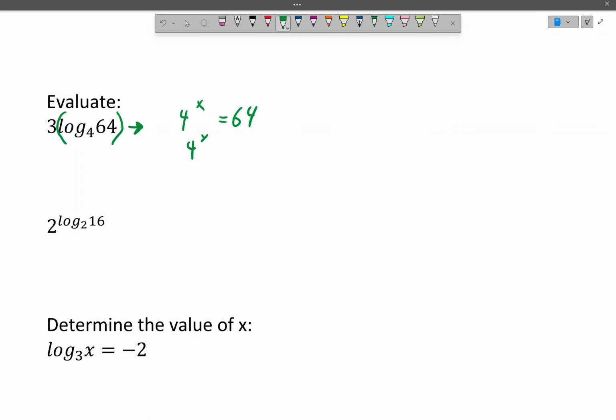So 4 to the x equals 4 to the 3. Is that right? 4 times 4 is 16 times 4 again. Yep. So x equals 3. Now our final answer is actually going to be 3 times the thing inside the brackets, which is a 3. So our final answer is 9.